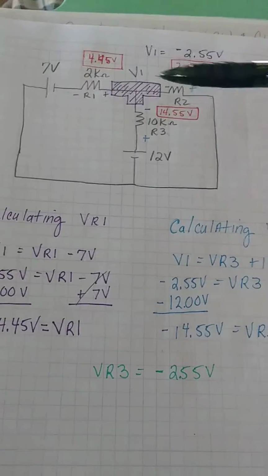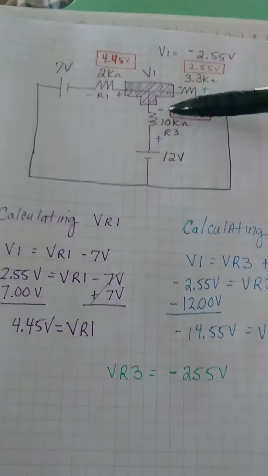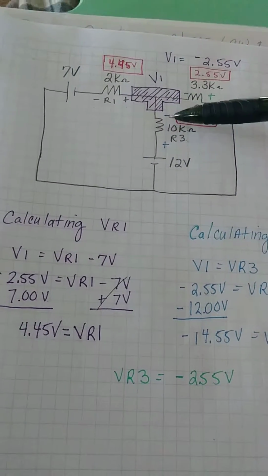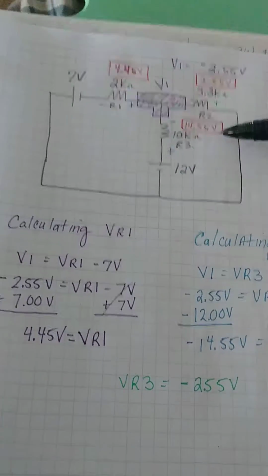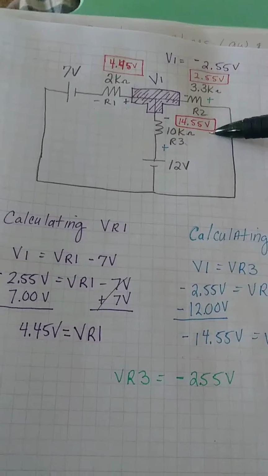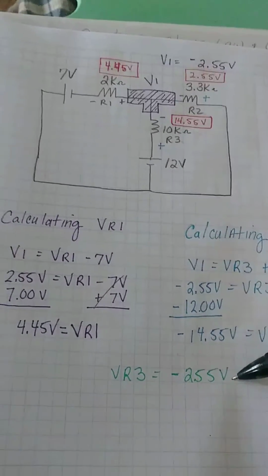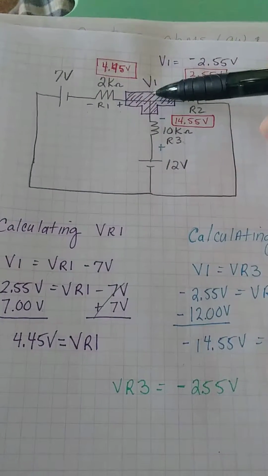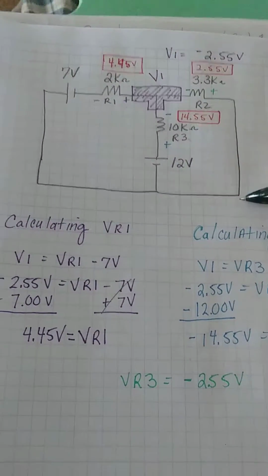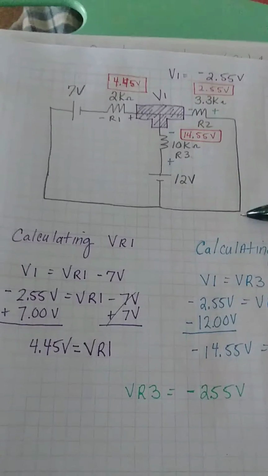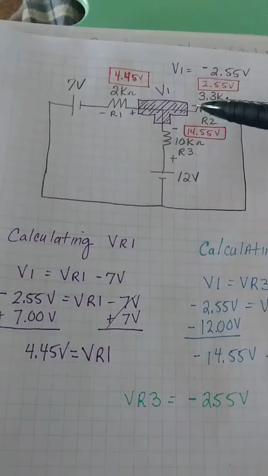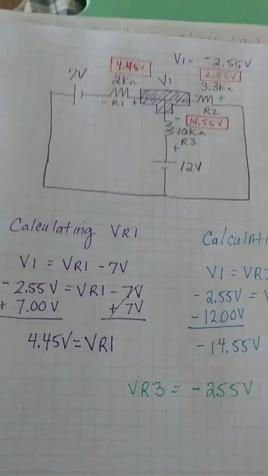That tells me from the node down, you're going to hit the negative side first and then positive. So it's negative, positive. This is 14.55 volts. VR2, we don't have to calculate at all because from the V1 node to reference, it's the only thing in the path. So that voltage would be negative 2.55, which is why we have negative and positive there.